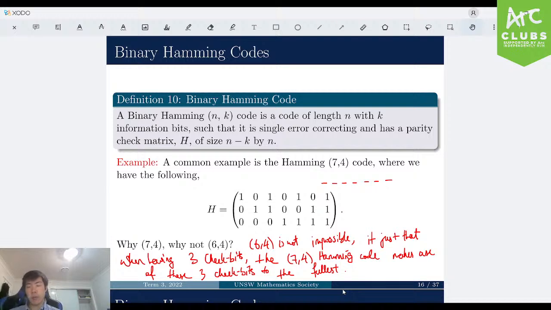And if you're wondering why this is the case, there's this expression here where you have 2 to the power of the number of check bits, minus 1, has to be greater than or equal to n.